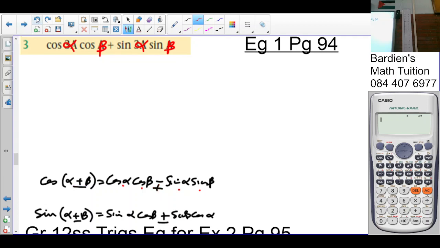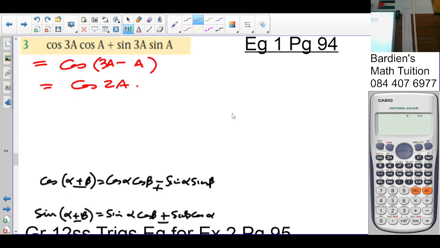So let's go with that. So we said it's going to be cos alpha, cos beta, plus, so it's going to become cos, and the minus. Alpha is 3a minus beta, which is a. It's going to give us cos of 2a. Okay. You guys understand?